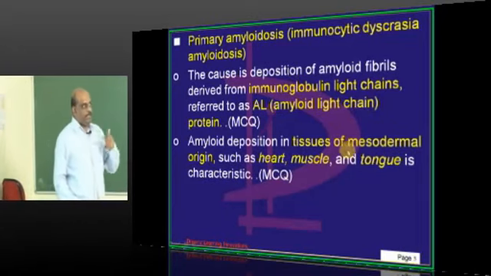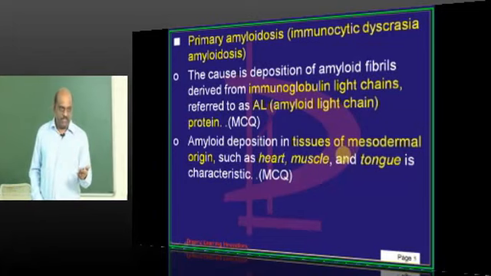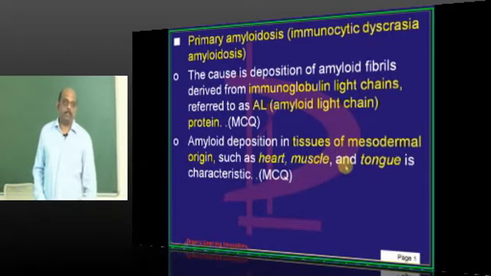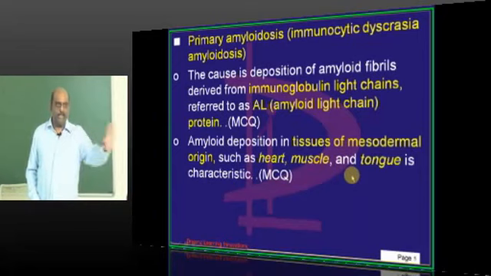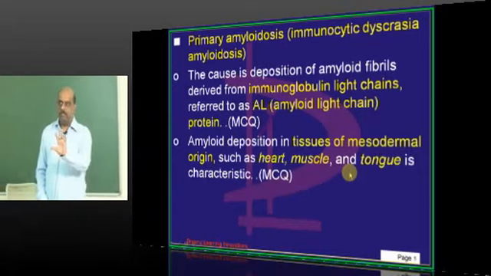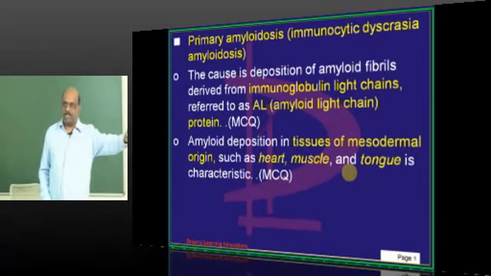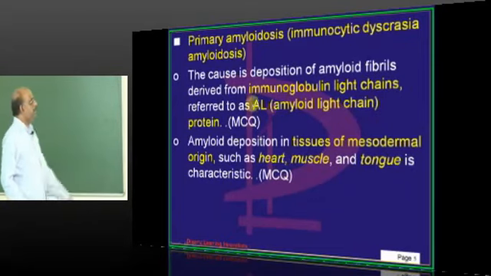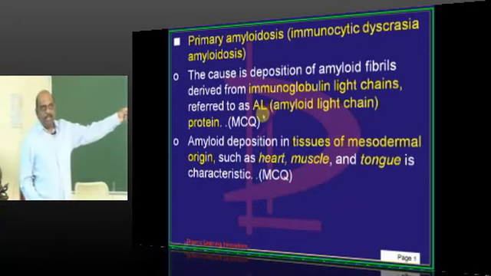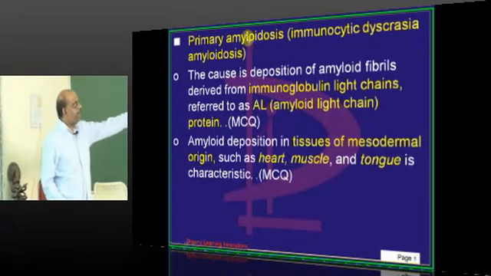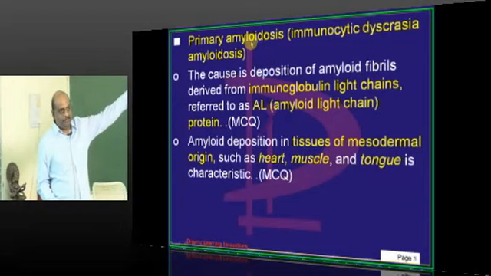In this, fundamentally, the immunoglobulin light chains are responsible for the amyloid formation. Primary amyloidosis means you think of some immunoglobulin plasma cell dyscrasias. That is the most important thing to remember. So it is AL, amyloid light chain protein, which is responsible for primary.